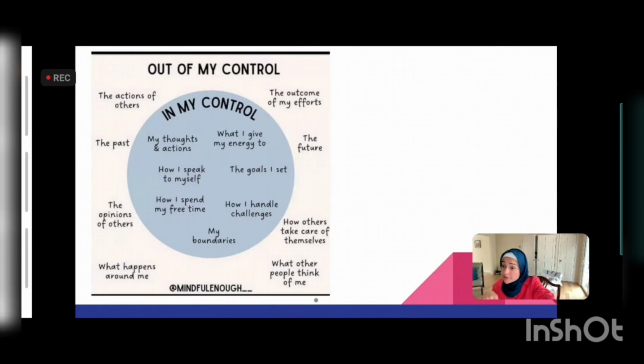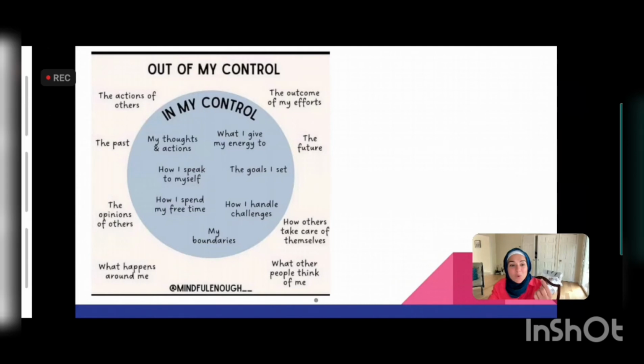How do you spend your free time? So important, because you need to spend your free time in a way that you feel rested. What you give your energy to, your life is predefined. The duration of our life, when we are going to exit this class, is predetermined, right?